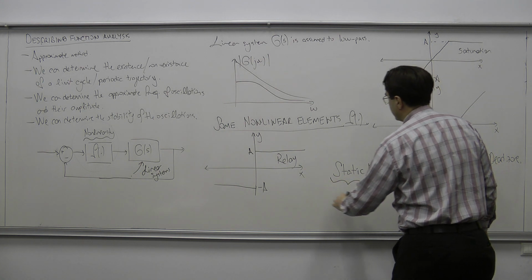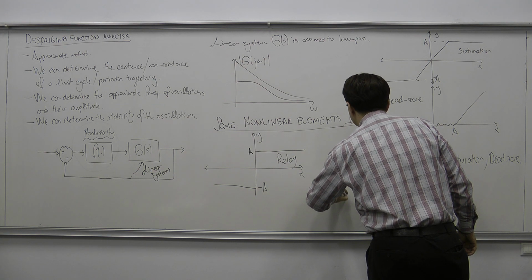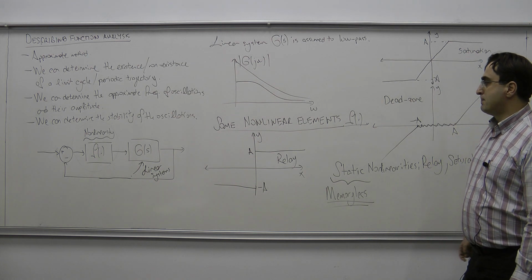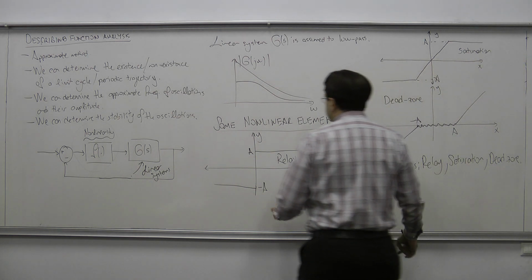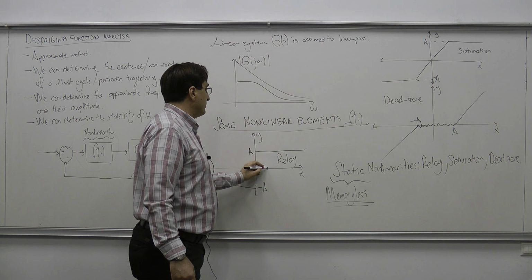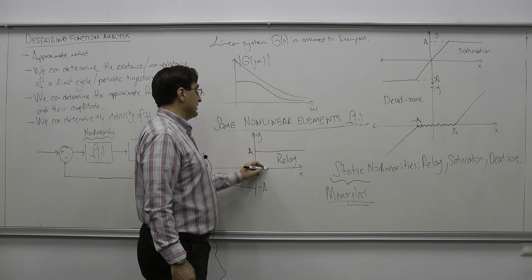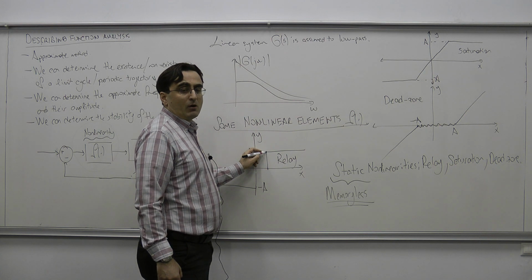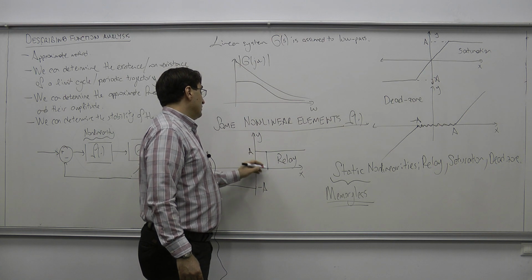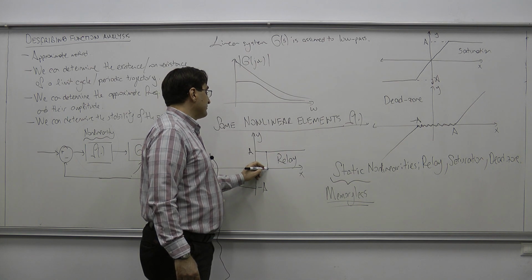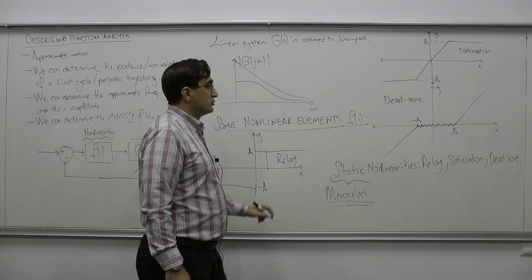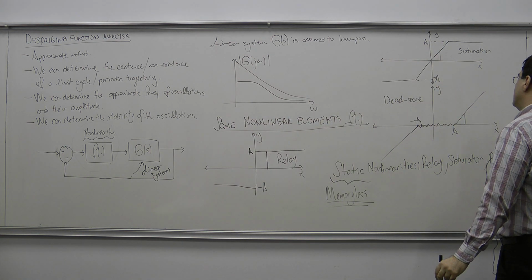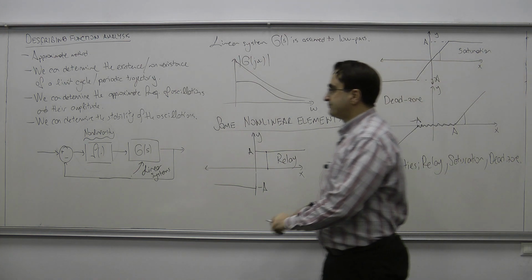Static means memoryless. Okay? Without a memory. What does it mean? It means that when you apply a single x value, a single input, to these nonlinearities, you would always get the same output. Okay? So for a single x value, we have a single output value for these nonlinearities, for the saturation as well, and for the dead zone as well.